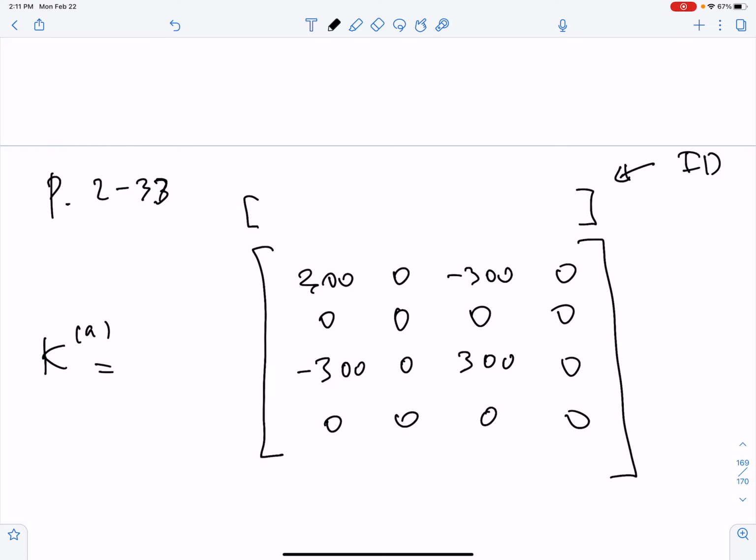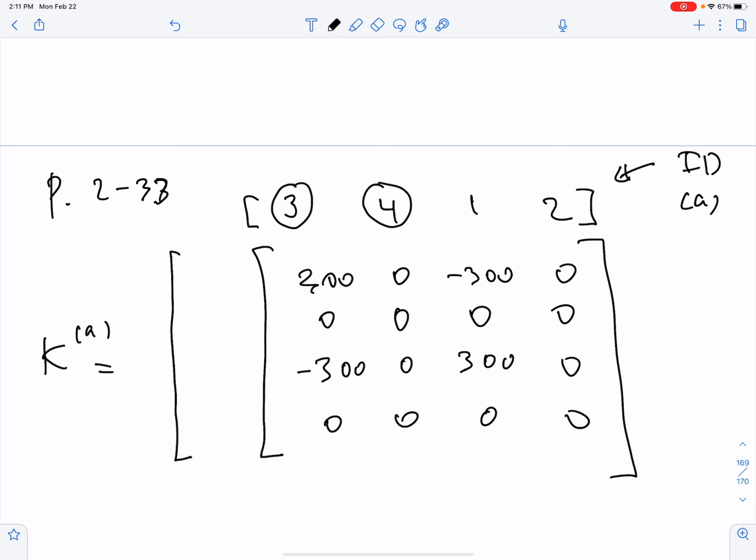So in order to assemble the full system, as we discussed in the previous lecture, we need the full ID array, 3, 4, 1, 2. Note this entry and this entry, we actually keep the associated degrees of freedom. We put it on the top as ID for element A, and we put it on the side like this. 3, 4, 1, and 2.